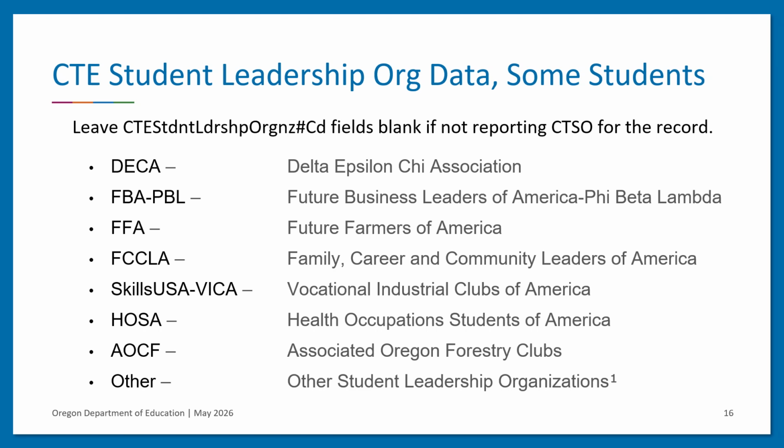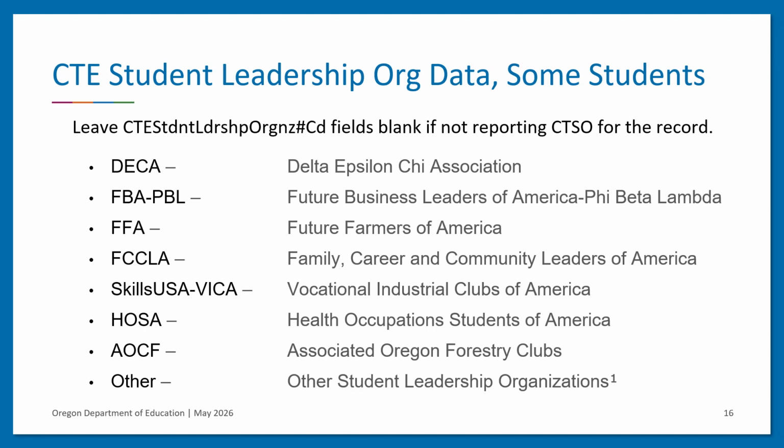If a Category 3 student participated in 2 CTE Student Leadership Organizations in the collection year, enter one code in CTE Student Leadership Organization 1 code and the second code in CTE Student Leadership Organization 2 code.